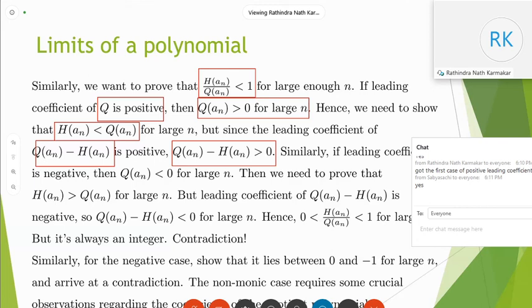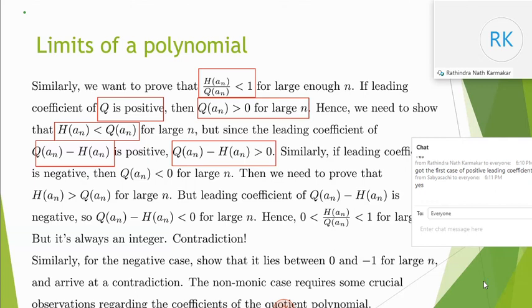I want to prove that h of n by q of n is less than 1 for large n. Case 1 is when the leading coefficient of q is positive. I am dealing with that case. So for large n, q of an is greater than 0, because for large n, an will be very large, and for large enough values of x, we saw that q of x will be greater than 0.